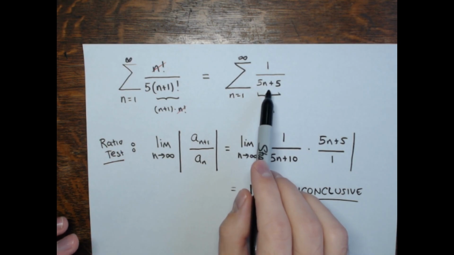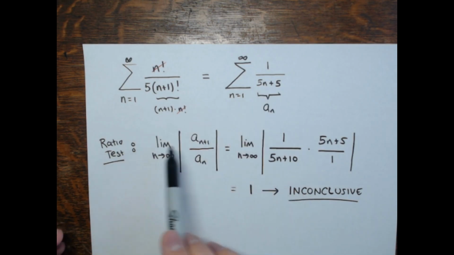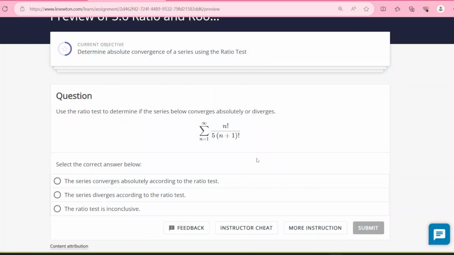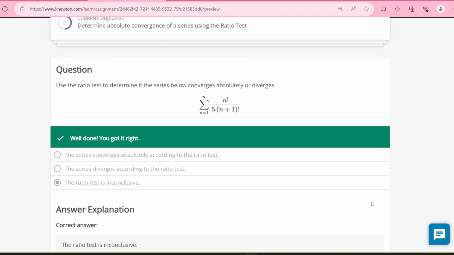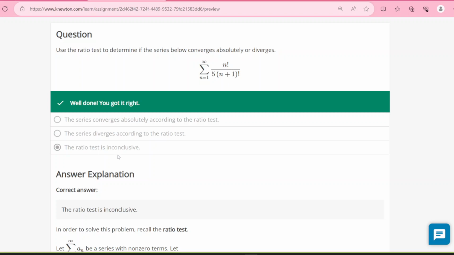I would do limit comparison and see that this is actually a divergent series. We'd have to do a limit comparison or some integral test, some other test. But if I'm using just the ratio test, this test is inconclusive. So be careful. You might see that it's divergent, but the ratio test didn't tell you that.